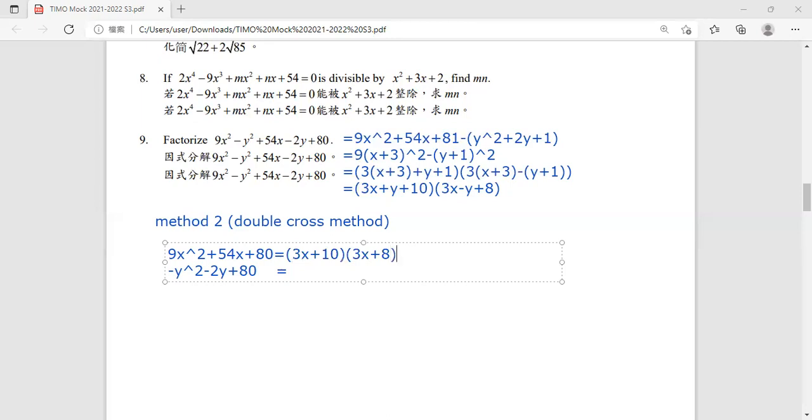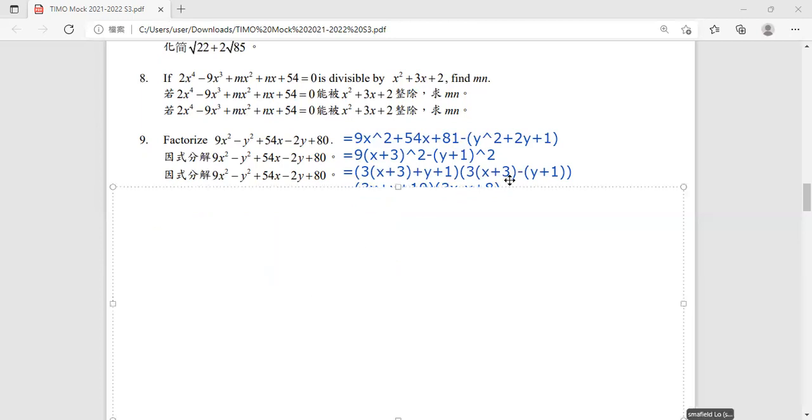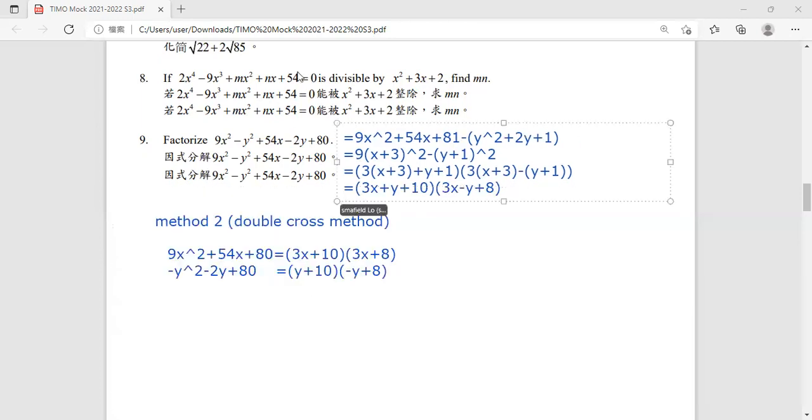You can find this one. Now if I use the cross method to the under part, it will be y plus 10, negative y plus 8. So what next? Now you just squeeze the factors down. You will get, finish.